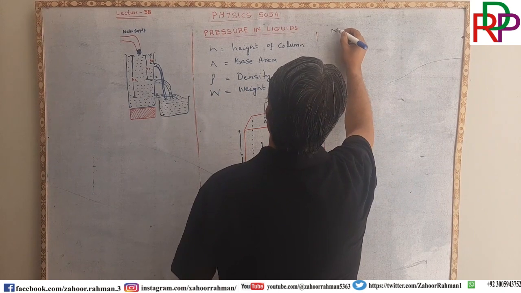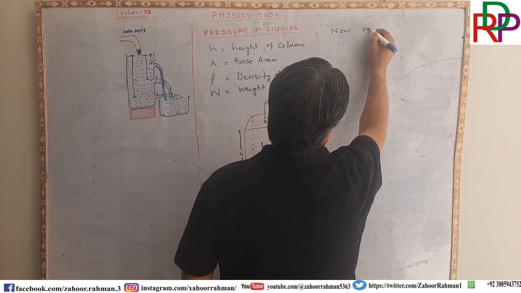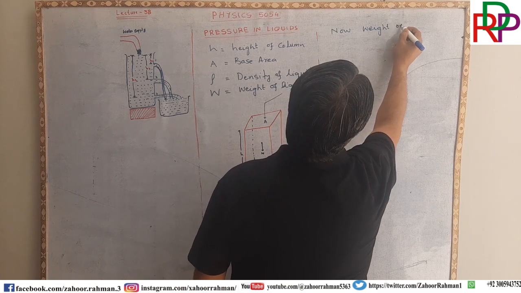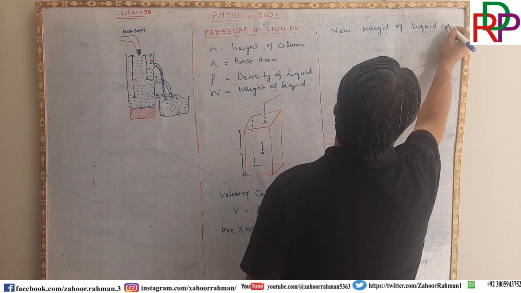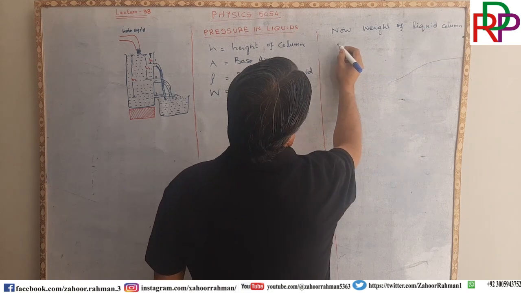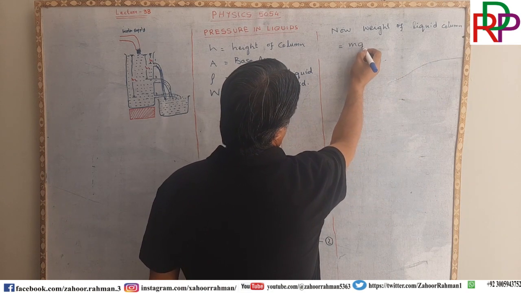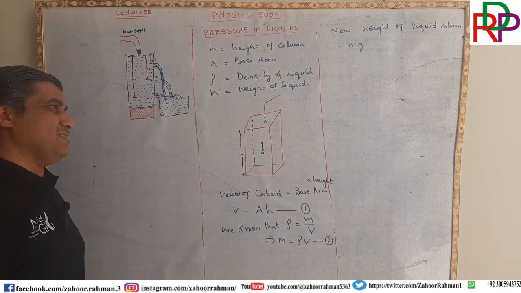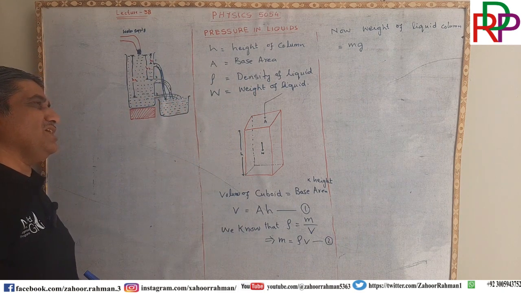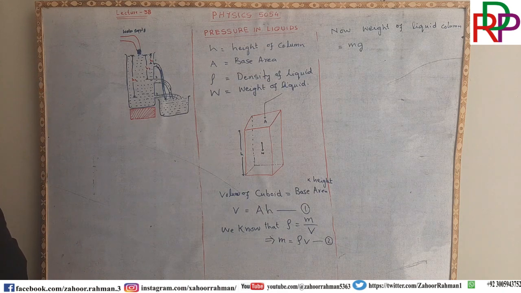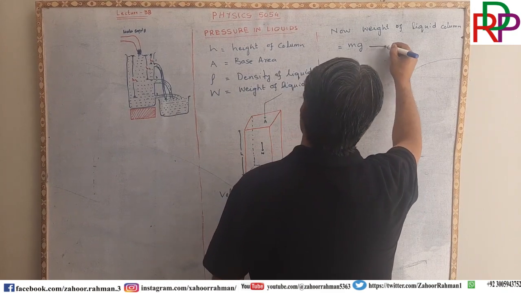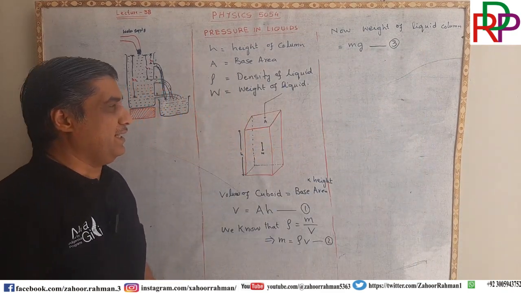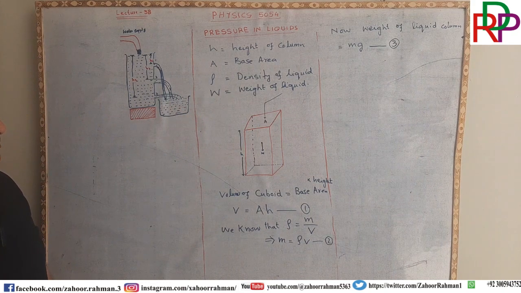Now, W, the weight of the liquid column, is equal to mg, where m is the mass of the liquid and g is the gravitational field strength. We label this as equation 3.